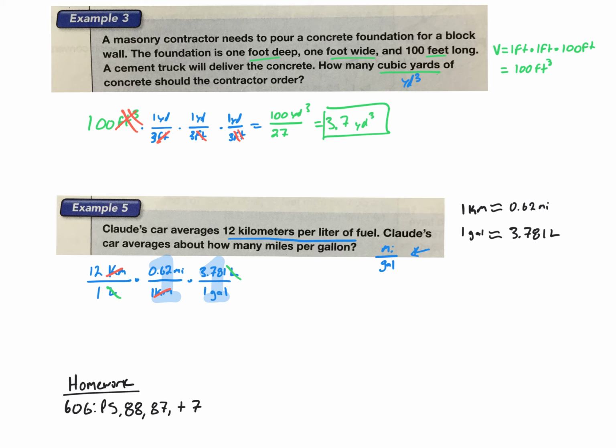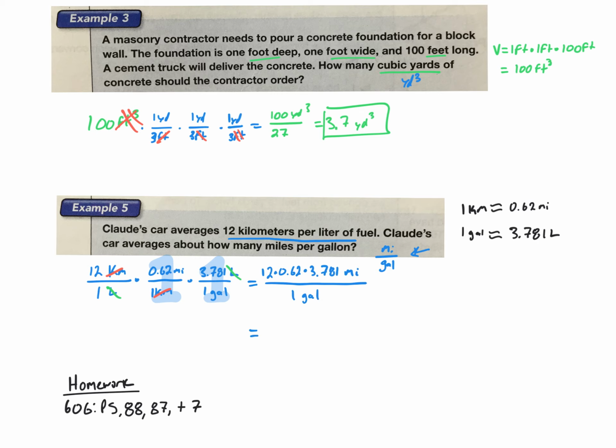So like I said, this is going to be 12 times 0.62 times 3.781 miles, over 1 times 1 times 1, which is going to be 1 gallon. So I'm going to throw that on my calculator.